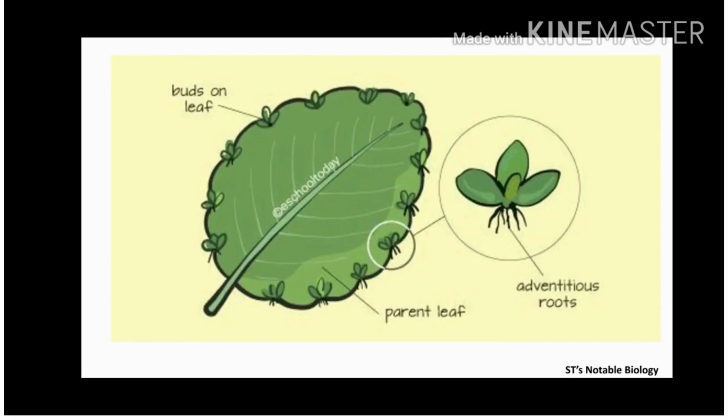This is the example of a Bryophyllum leaf. On the edges of this leaf we can see a number of smaller leaves, and each small leaf has adventitious roots. When any of these leaves detaches from the parent leaf and comes in contact with soil, it grows into a new plant. This is also a best example of asexual reproduction.